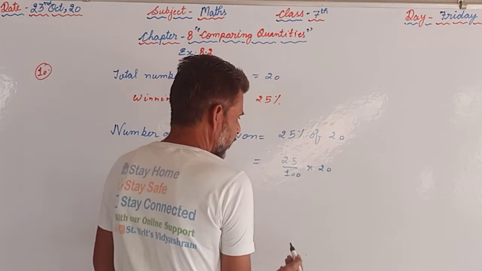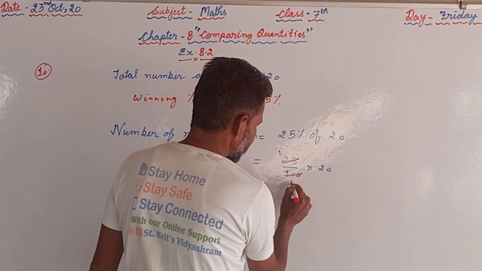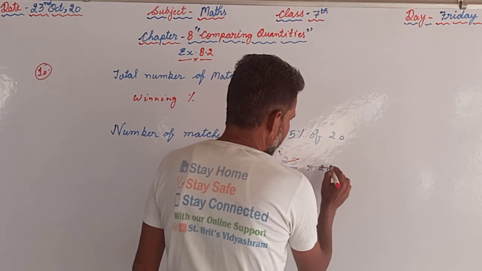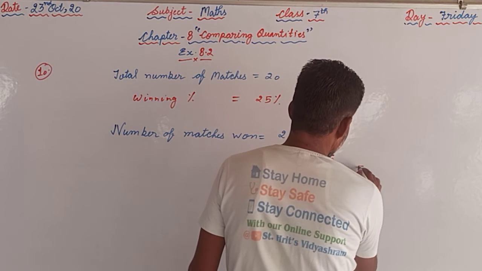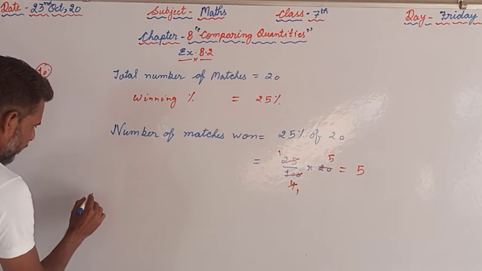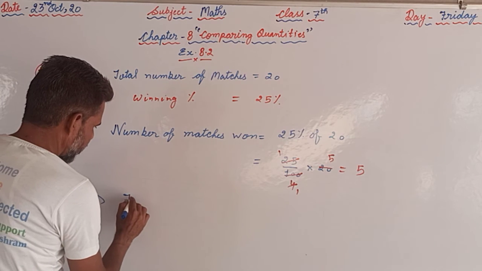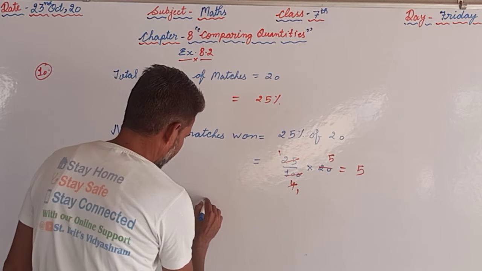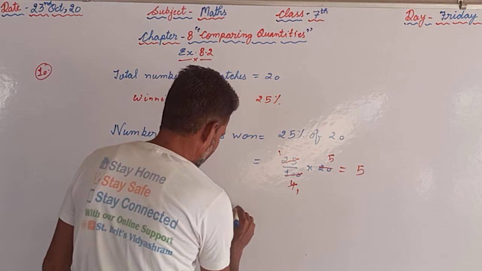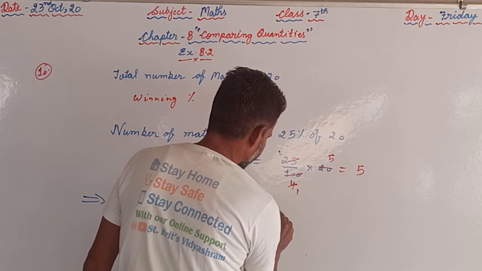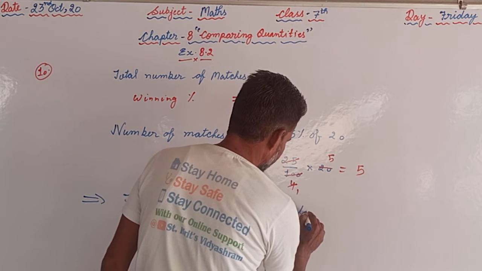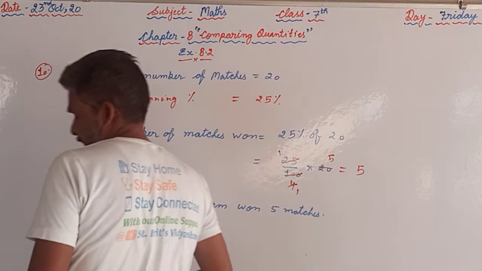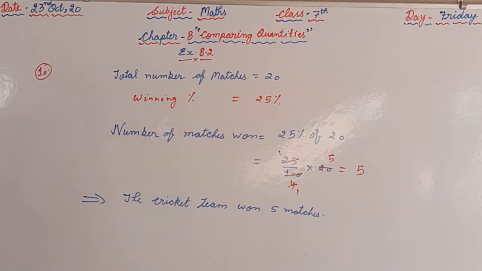From here we can calculate: 25 fours are 100, 4 ones are 4, 4 fives are 20, so 5. So we can say the cricket team won 5 matches. So like this we can proceed with the questions. So after question number 10, the exercise 8.2 is complete.